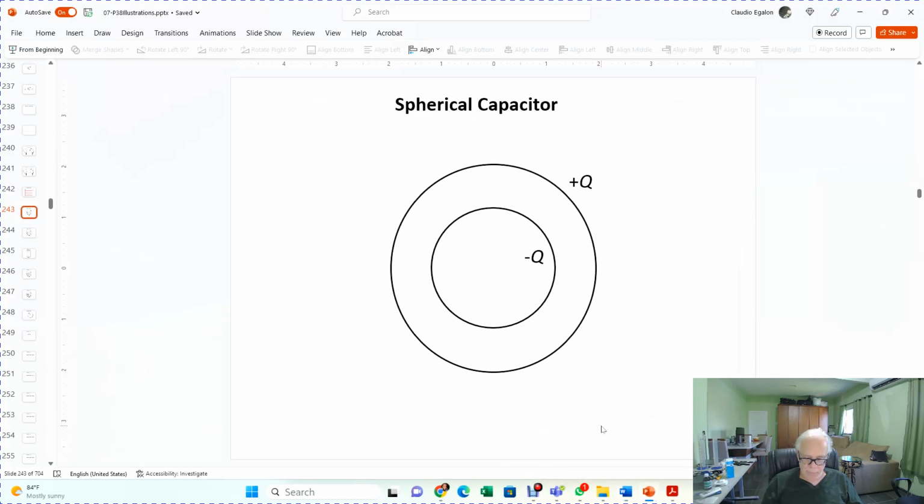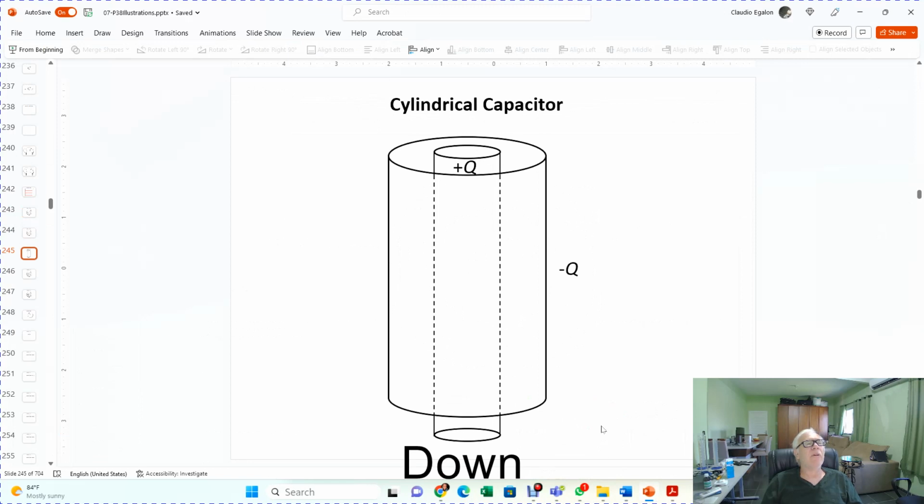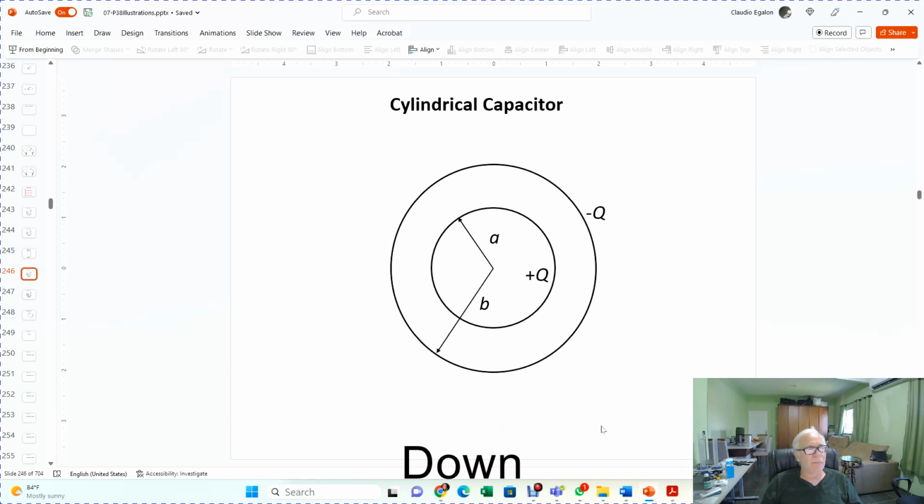Going back here, you go. That's how it looks, the cylindrical capacitor. A charged inner cylinder surrounded by another cylinder of larger radius. Those are the radii.